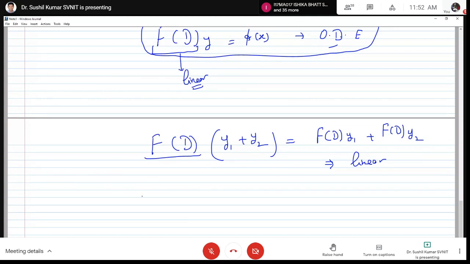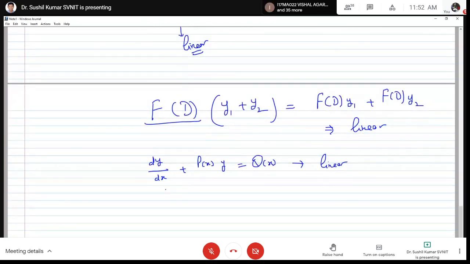So let me take one equation. Okay, no problem. dy over dx plus p x y equal to q of x. You know that it is linear. I'll prove why it is linear.